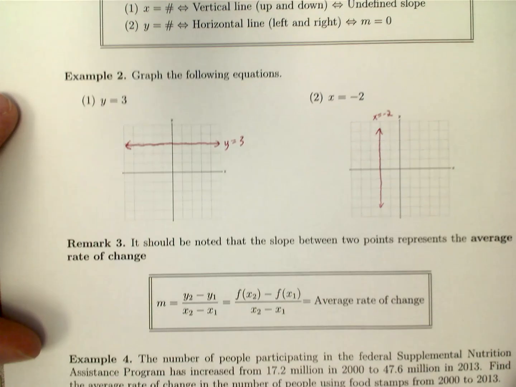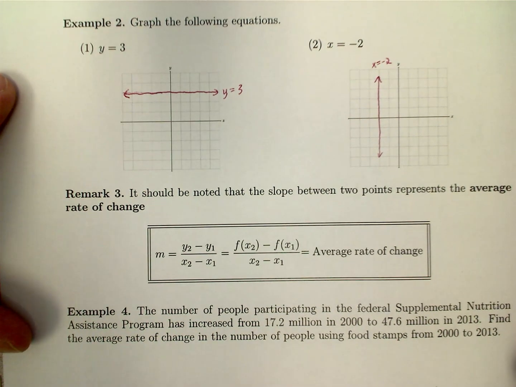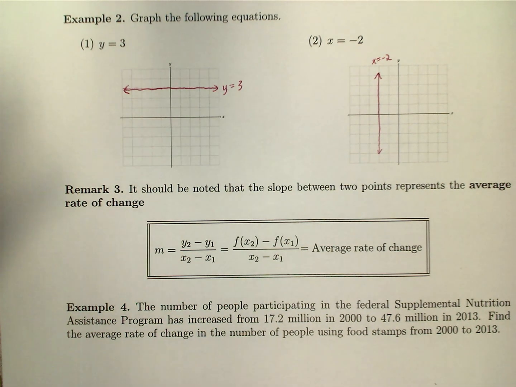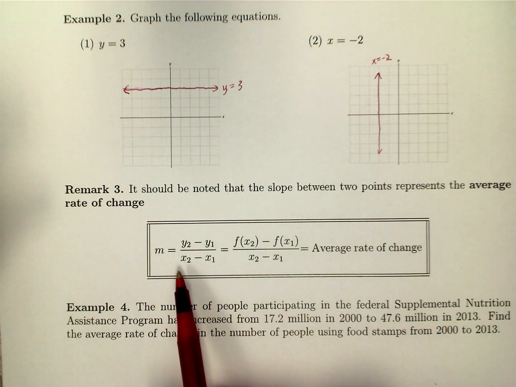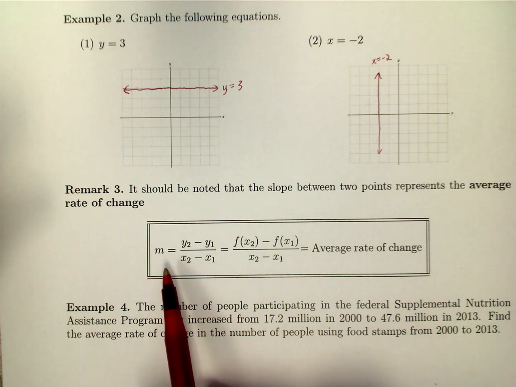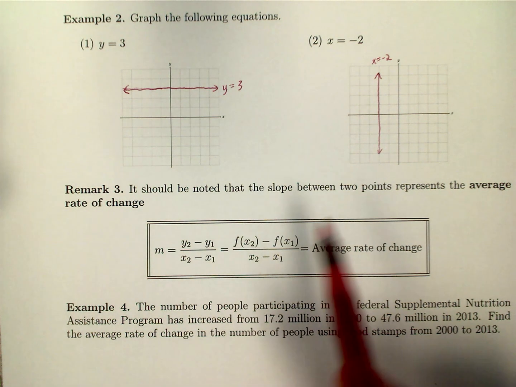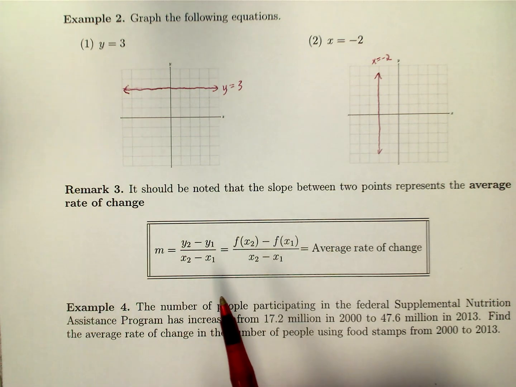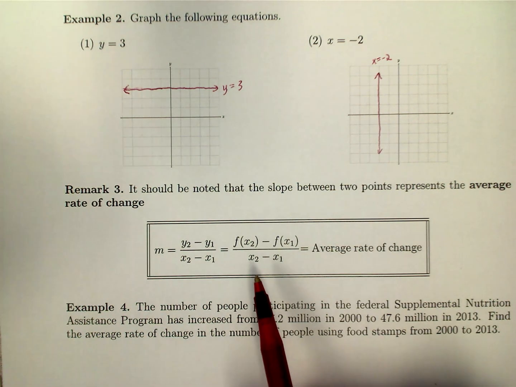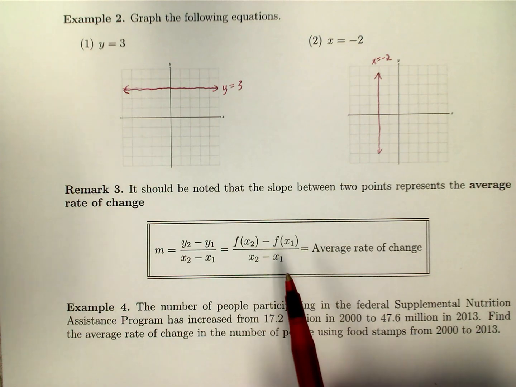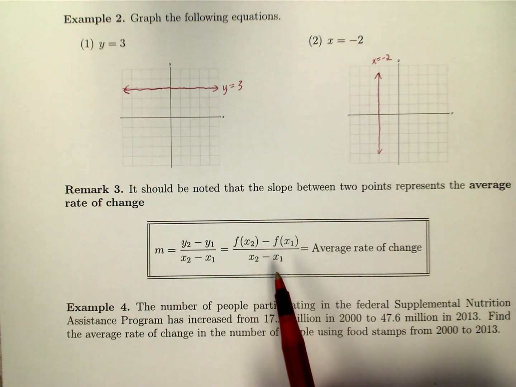The other thing we want to talk about in this lecture is the average rate of change. And it should look familiar: y2 minus y1 over x2 minus x1 equals m. Well, that's just the slope. But if you have a function that's not necessarily linear, you can talk about the average rate of change between one point and another if it's not a line itself.